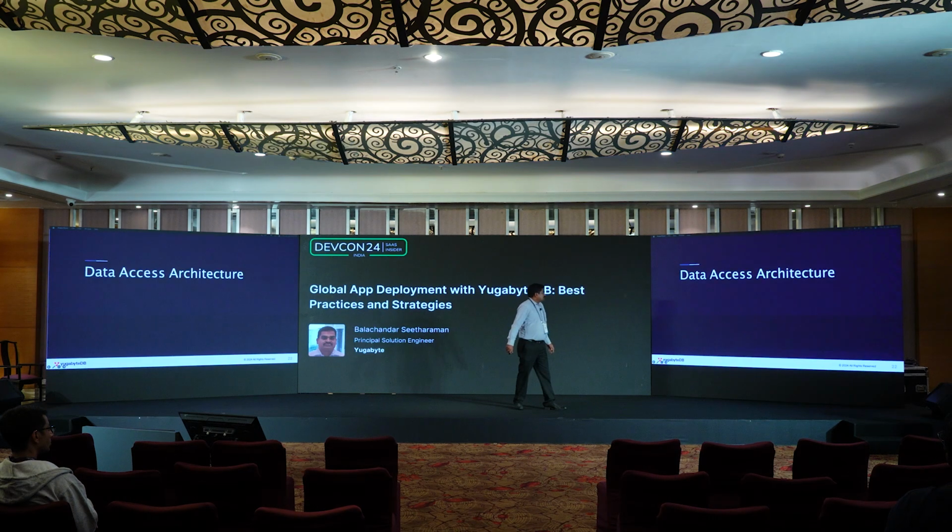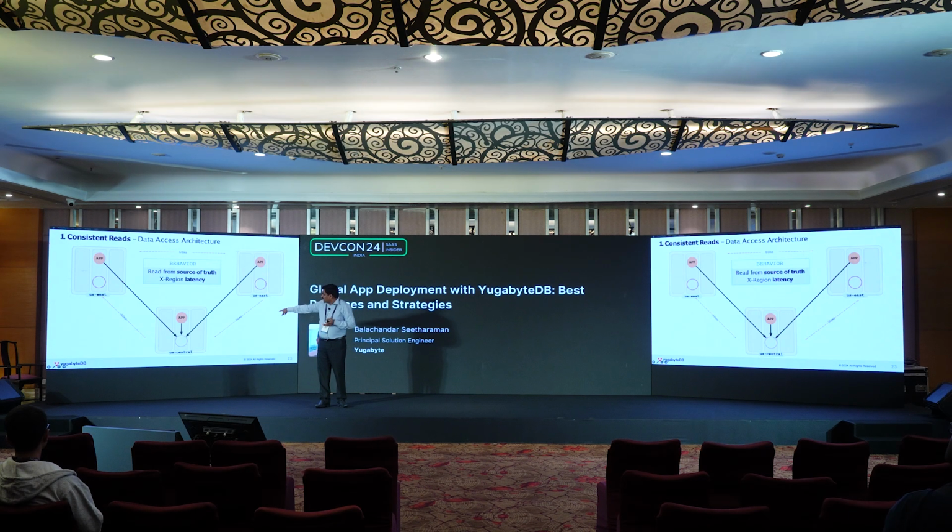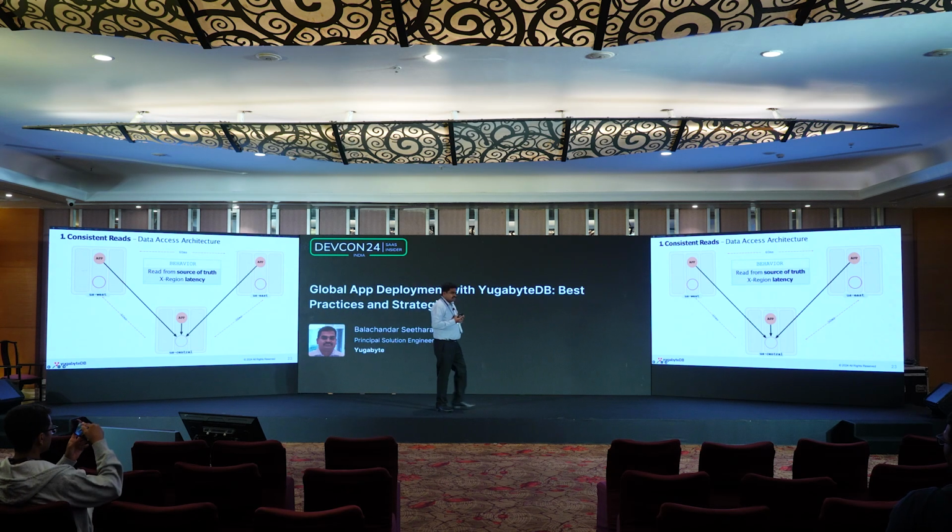This is another pattern. Now the last one on the decision part, we had seen data access architecture. This is where you need to pay more attention to how you take care of consistency on the read part and the write part. So I'm going to read from the source of truth across regions. All the apps are pointing to US Central, because it is the leader node.